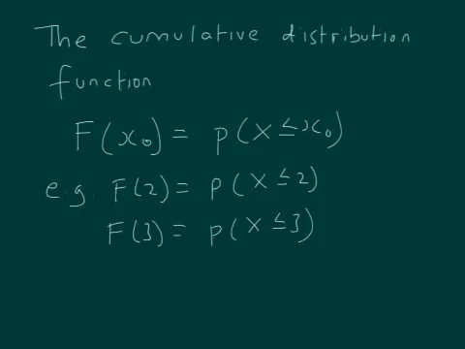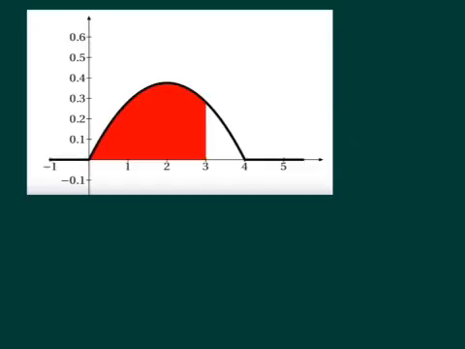Now, during the course of this video, I'm going to use x0 as the input to the cumulative distribution function, and that's to distinguish it from the x that is used when we're thinking about the probabilities. Now, here we have a probability density function, and the equation of the line is given by f of x. That's lowercase f.